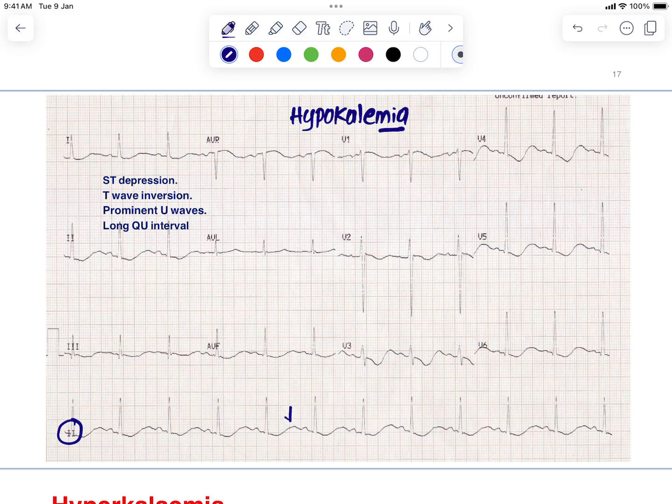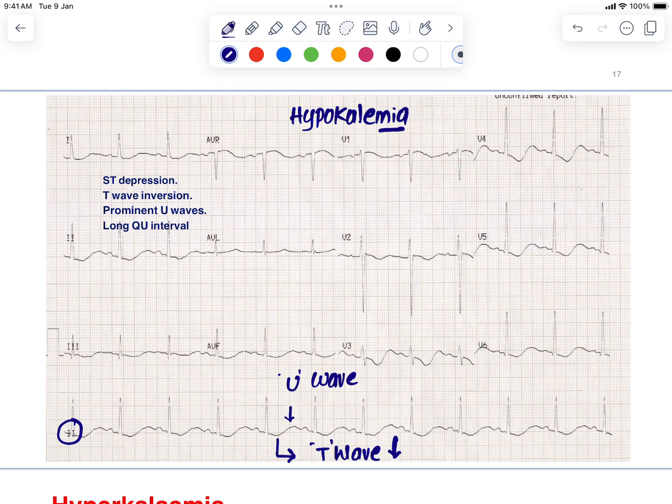So this will be your U wave. Then followed by that, this is your T wave inversion. Either it might be a flat T wave or the T wave being inverted.